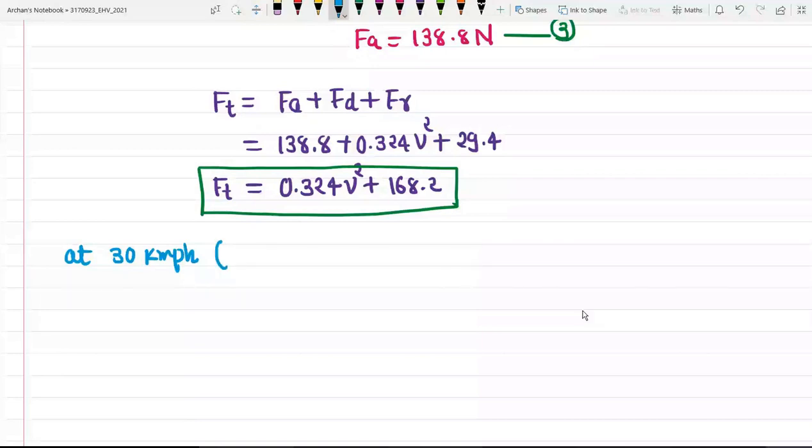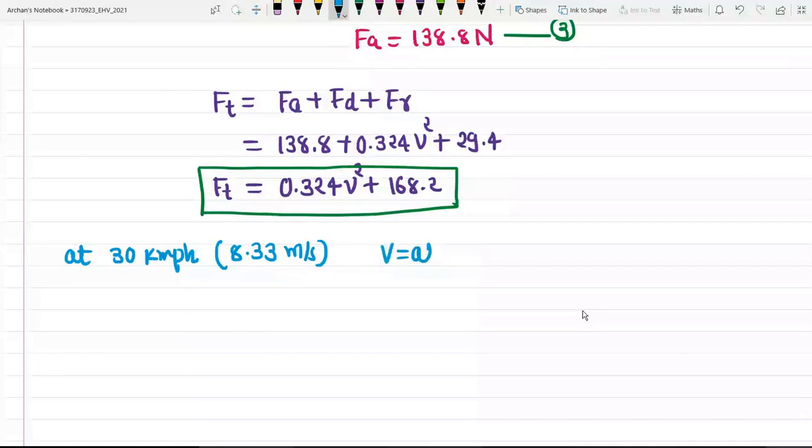Okay, so this is our meter per second. Now what will be the time for this particular case? To reach 30 kilometer per hour with the acceleration of 0.694 meter per second square, we will require how much time? We know the equation v is equal to at.